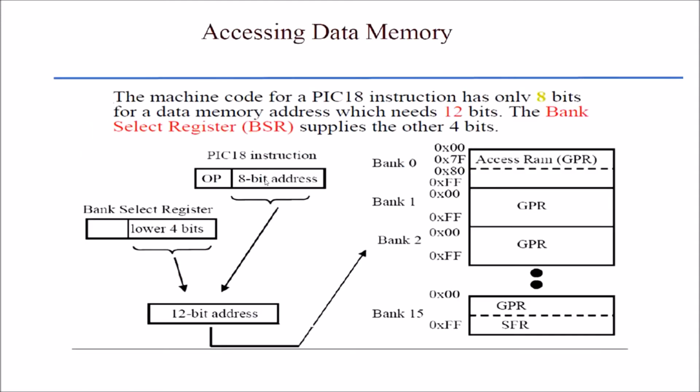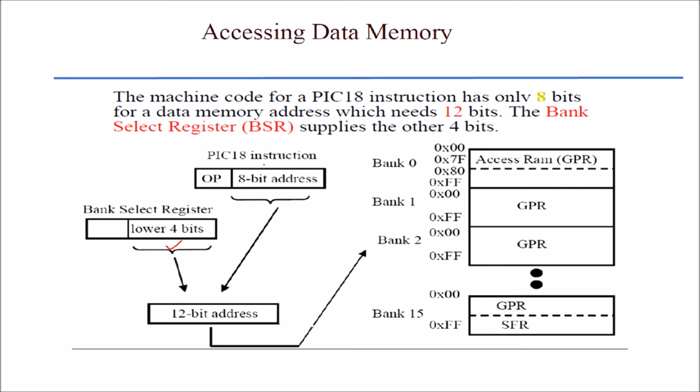Let us first understand here how this BSR 4-bit register is used to point to data memory. So the address of data memory is 12-bit and BSR register is having 4-bit address. The 8 bits of address come from the instruction.